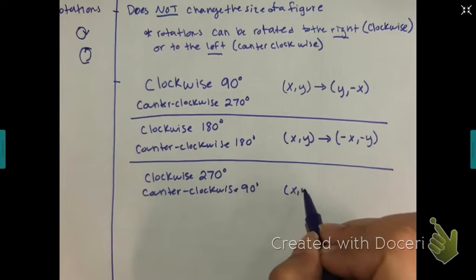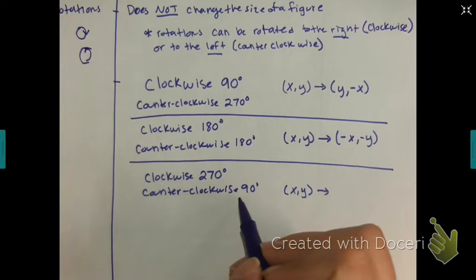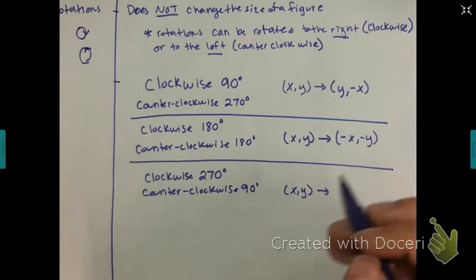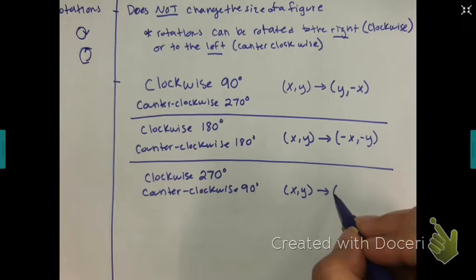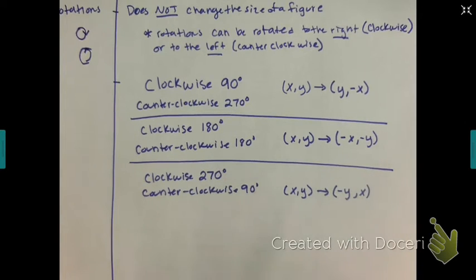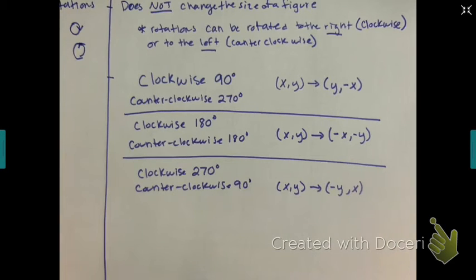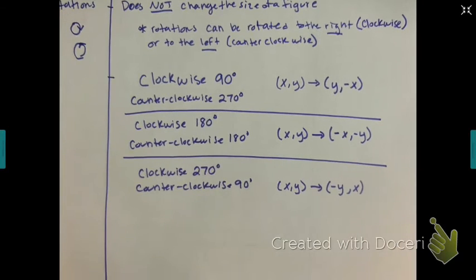You have your regular (x, y), then when you do either of those, you will only change your y but not your x. But you're going to have to switch the x and y. So usually it's (x, y) here, now you're going to switch them to (-y, x). We'll do a few examples like this.